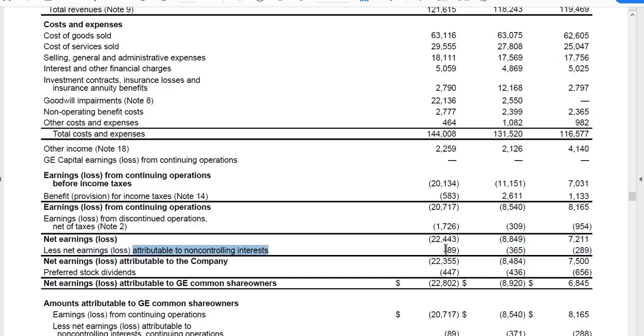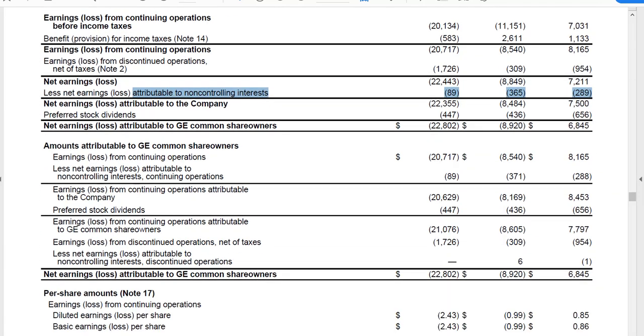This is the part that isn't ours, the other shareholders, the non-controlling shareholders in those businesses where we don't own 100%. This is what they earned or lost on their part of the business. And then they have preferred dividends we're going to ignore for right now.